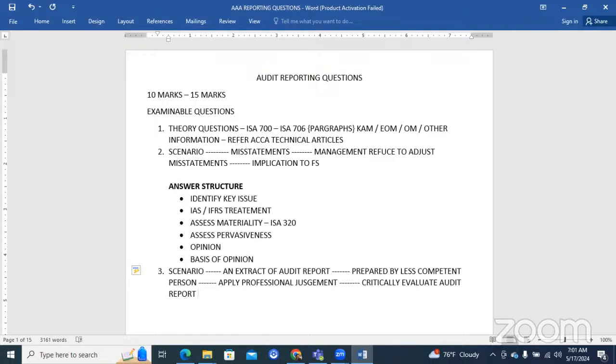See here, critical evaluation means not rewriting the same report as it is. Keep that in your mind.